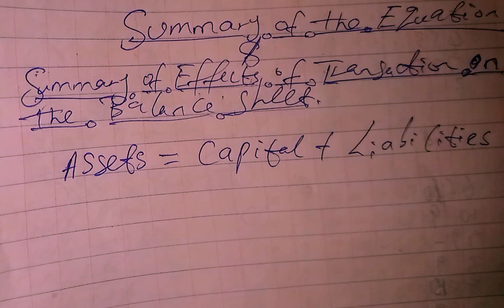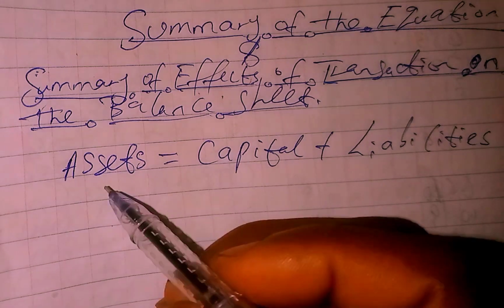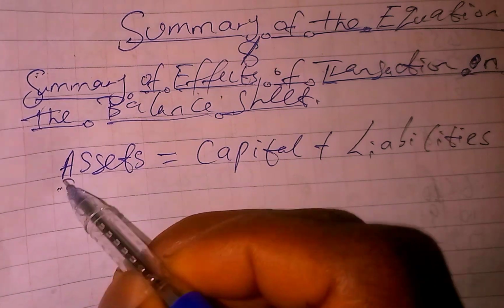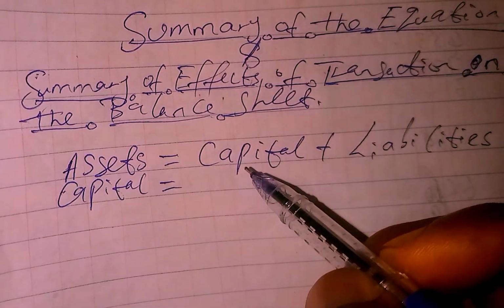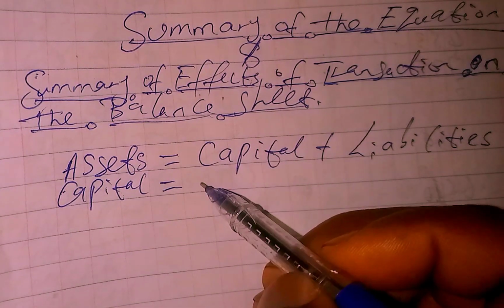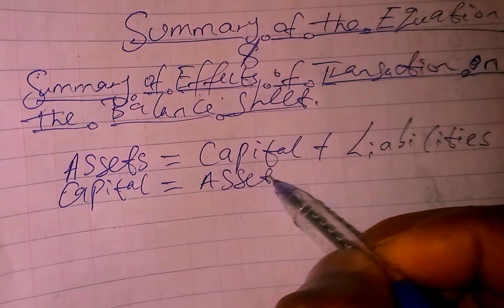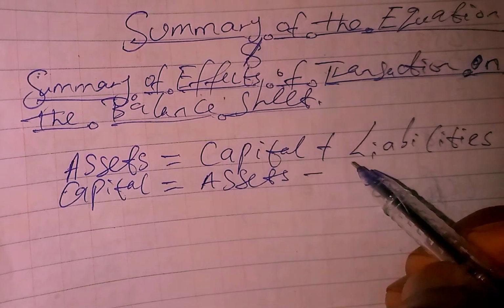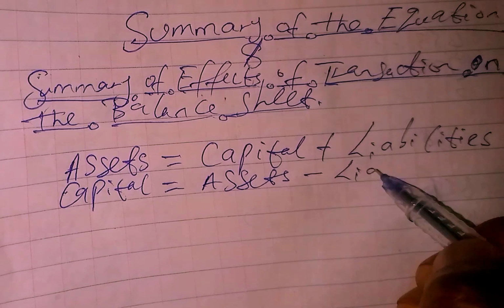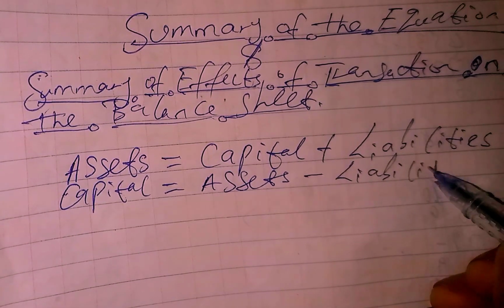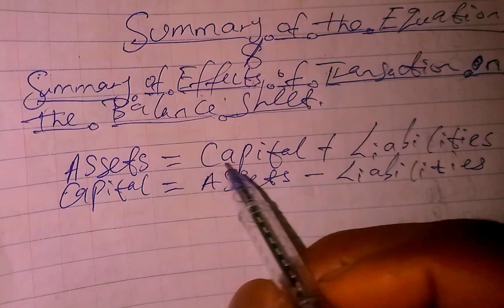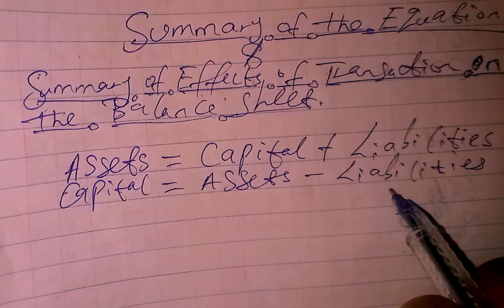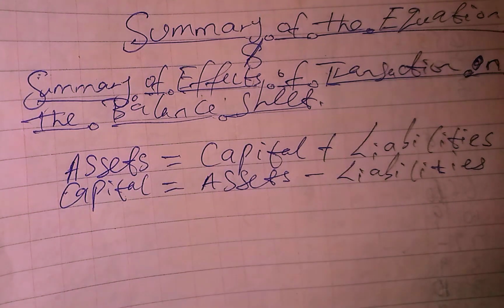From the questions we solved so far, you will know that capital is equal to assets minus liabilities. Remember, when the plus sign crosses an equal sign, it changes to a minus sign. So we've gotten an equation for capital.